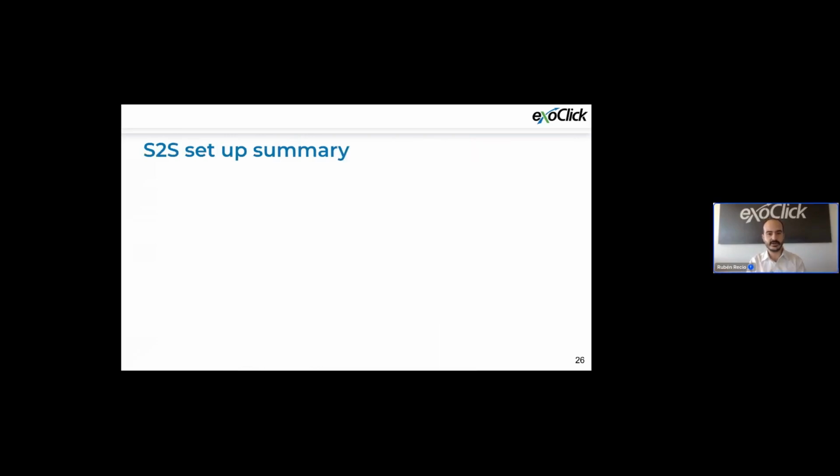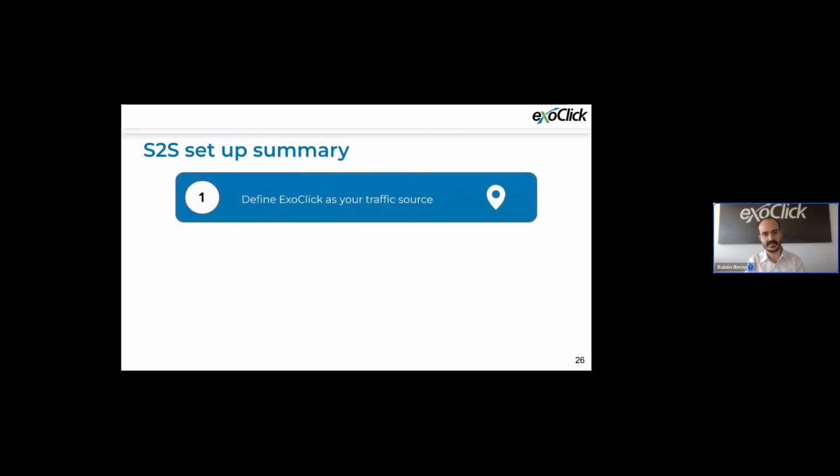So let's quickly wrap up what we have explained here. First of all, when you're setting up server-to-server tracking, the first step in your tracking solution or your third-party server is to define ExoClick as your traffic source. That's by specifying all the tags, and specifically the parameter that you're going to use for conversions tracking.